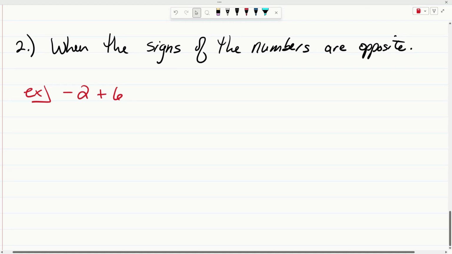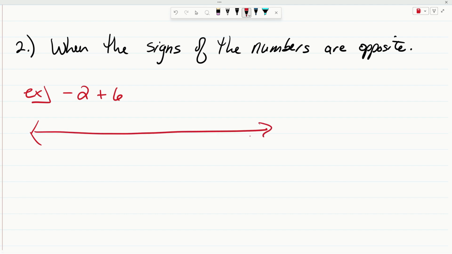Okay? Now, visually, this is really easy to see. All right? So visually, here's what's happening. You were starting at negative 2, but that plus sign says, hey, go to the right.